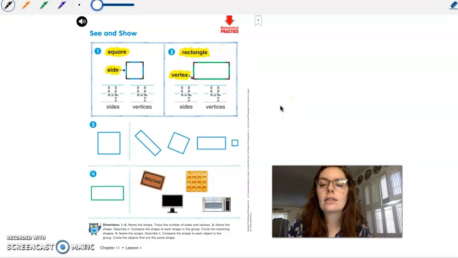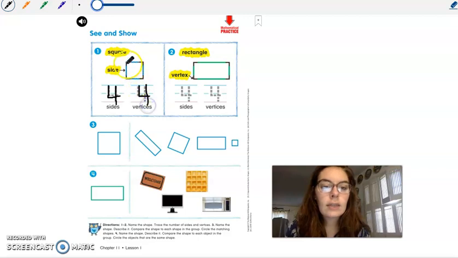Say vertex. That means 1. Say vertices. That means there's more than one. So for a square, there are 4 sides, and there are 4 vertices. That means there are 1, 2, 3, 4.